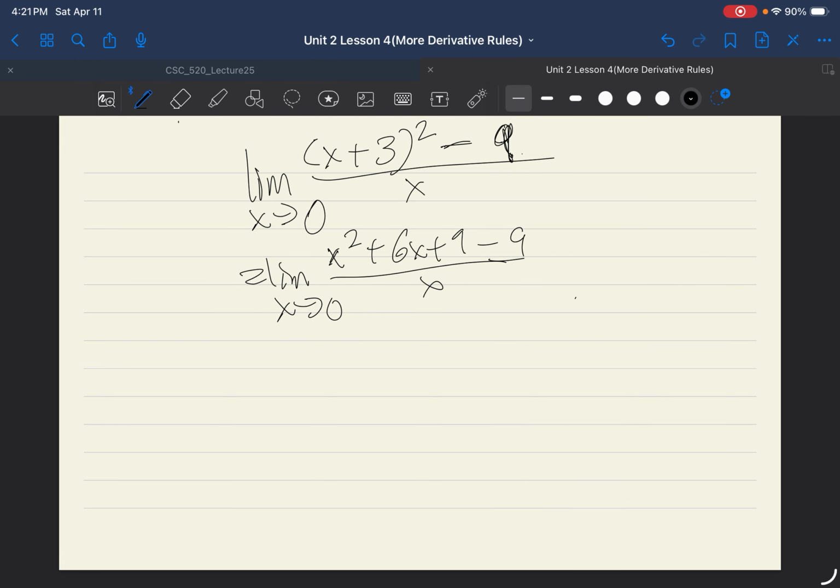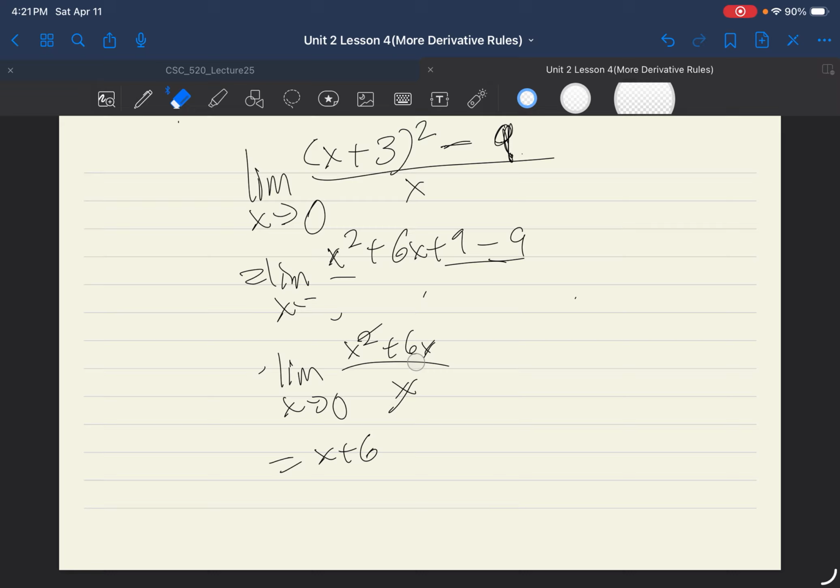Let me write that on the next line. Is equal to the limit as x approaches 0 of x squared plus 6x over x. Therefore, meaning that cancel, cancel, cancel. It's equal to x plus 6. Right? So that's how you would normally do that.